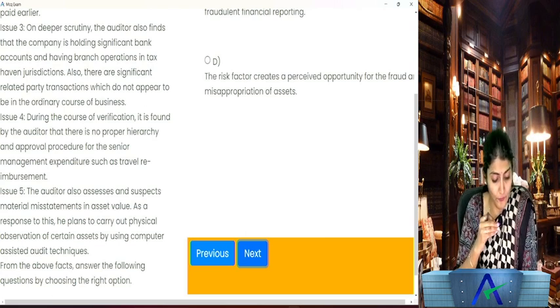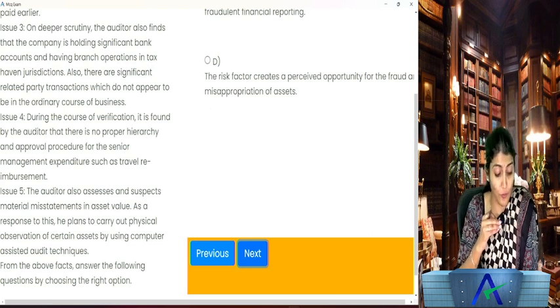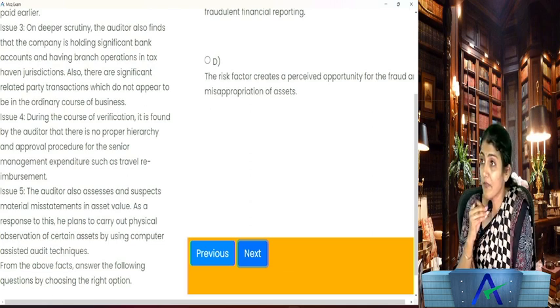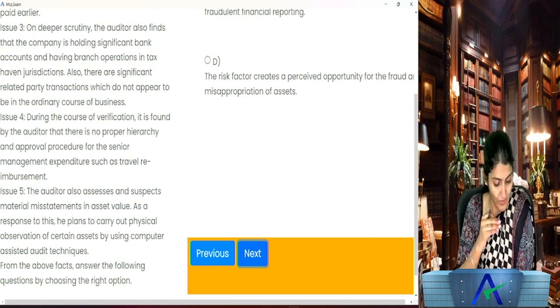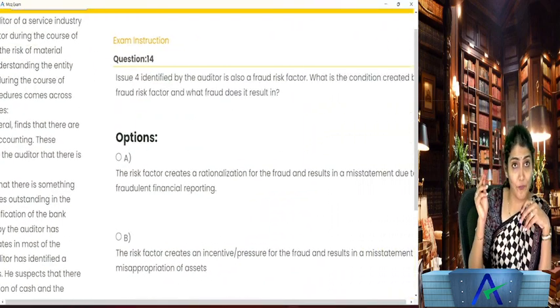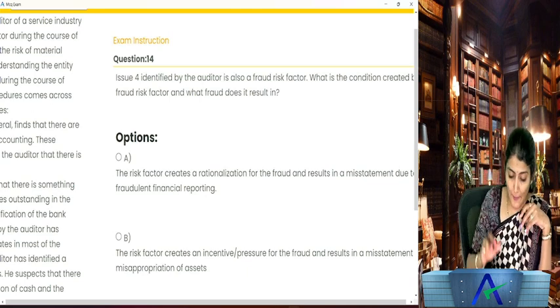During the course of verification, it is found by the auditor that there is no proper hierarchy and approval for the senior management expenditure such as the travel reimbursement. Right, so what does it say? What is 5? Opportunity for misappropriation of asset.